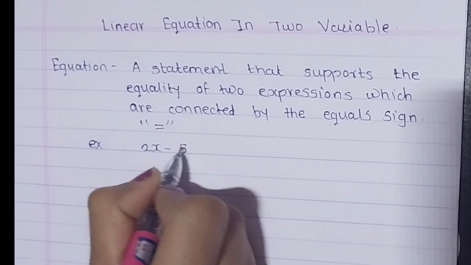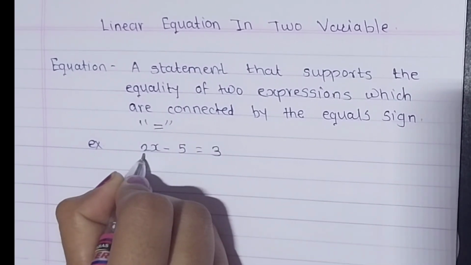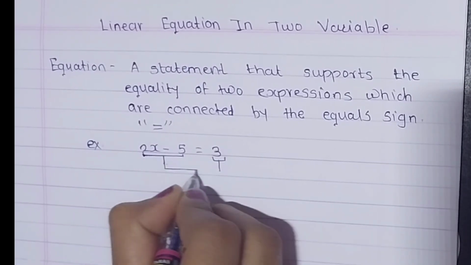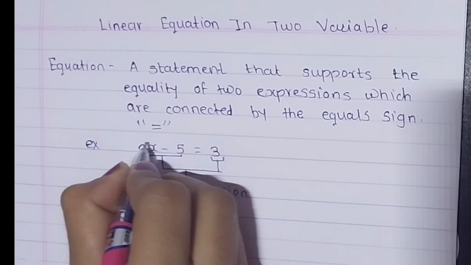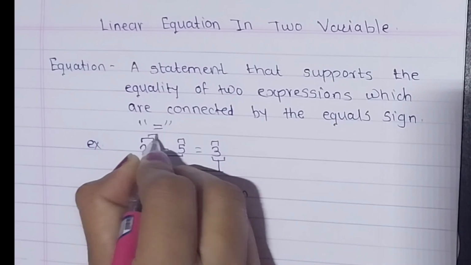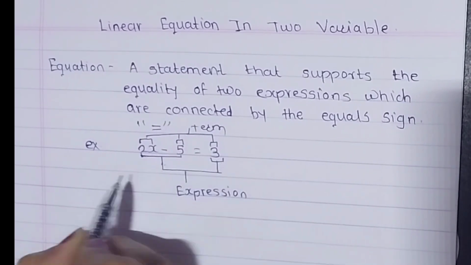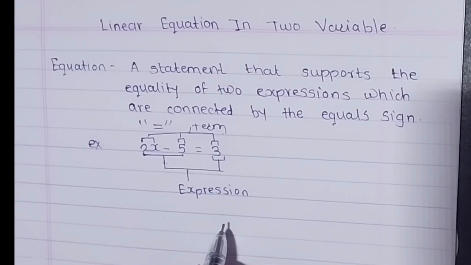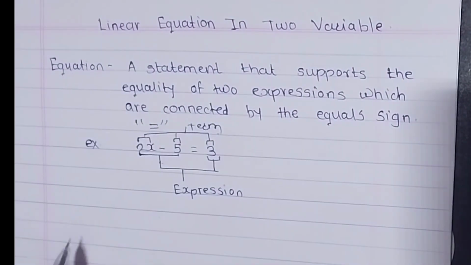For example, 2x minus 5 equal to 3. Here 2x minus 5 and 3 are the expressions, and 2x, 5 and 3 are the terms in the equation.